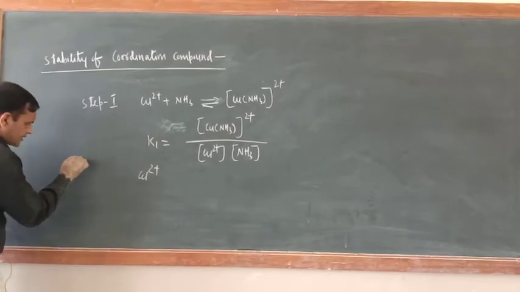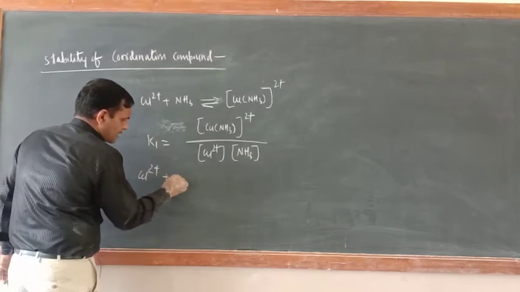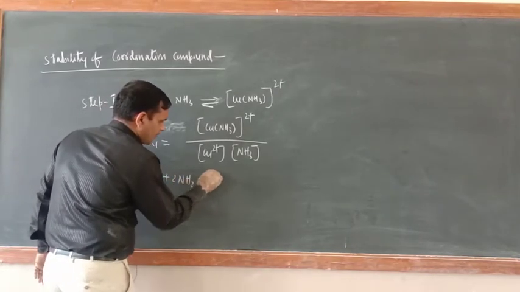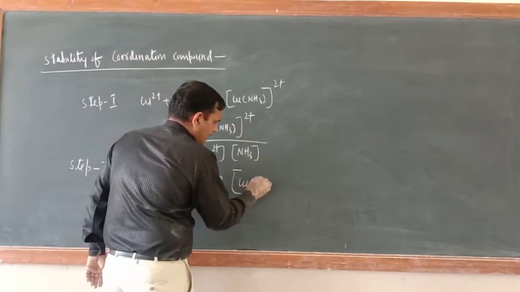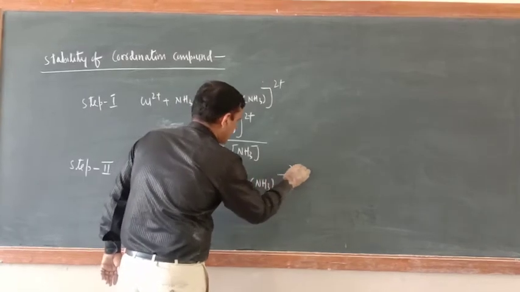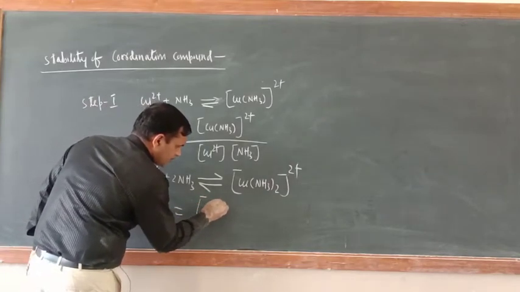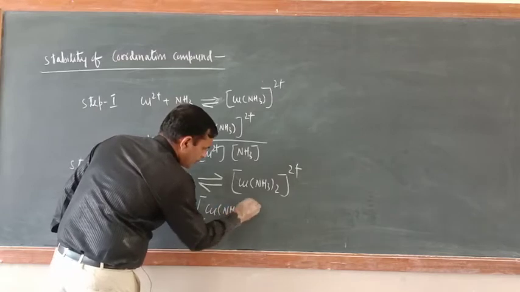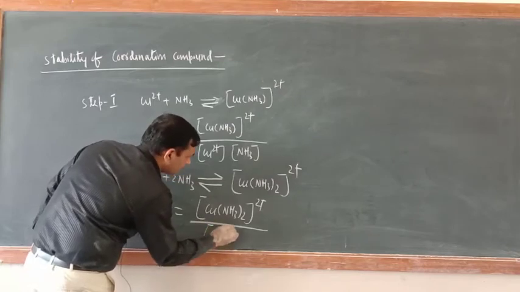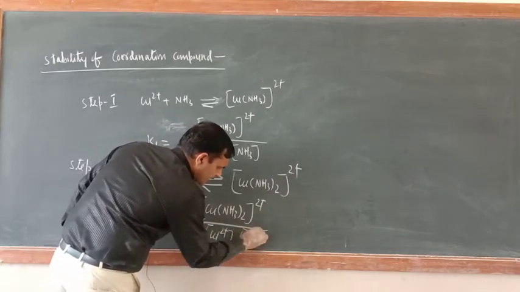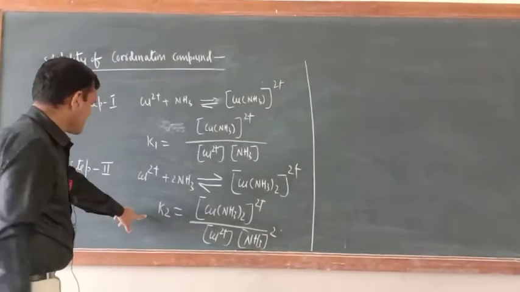Now write step second: Cu2+ plus 2NH3 gives [Cu(NH3)2]2+. So K2 equals [Cu(NH3)2]2+ divided by [Cu2+] and [NH3] raised to the power 2. Okay, now just see, this is equal to K2.